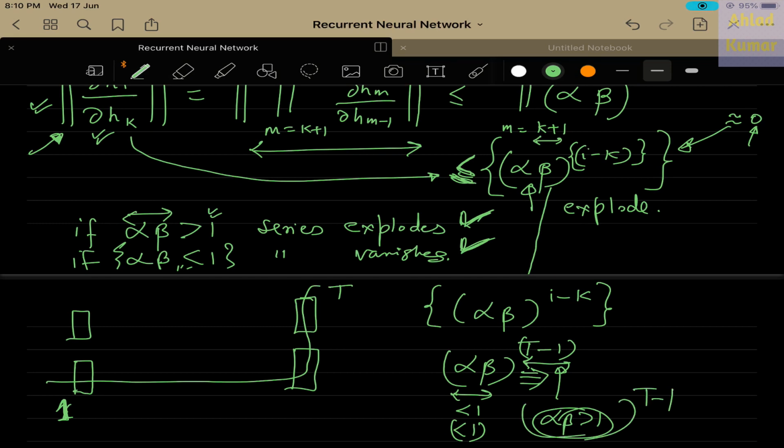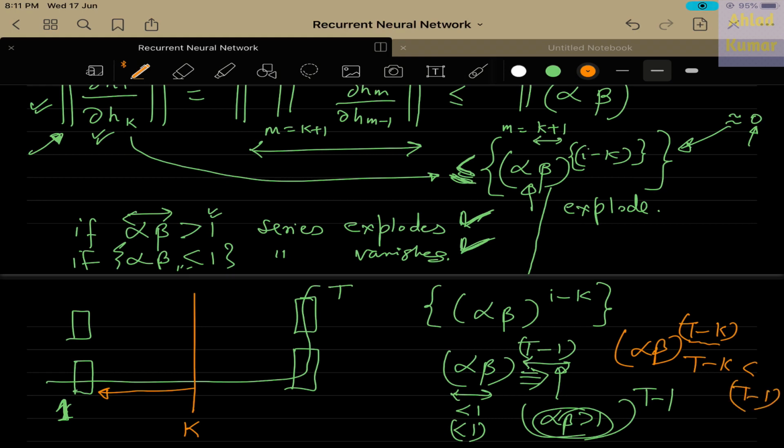So how to avoid this? To avoid this situation, we use truncated back propagation in time. What you do is you look up to some specific point, that is k over here, and you neglect the back propagation after this step. In that situation, your alpha beta will be to the power of t minus k, and this is smaller compared to t minus 1, and this k has to be decided.